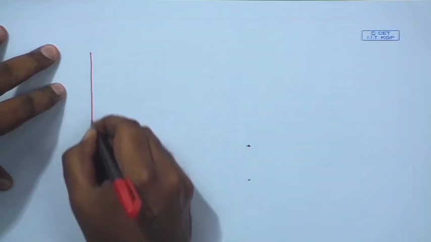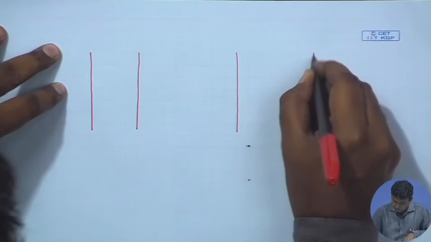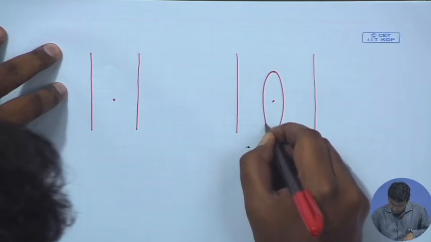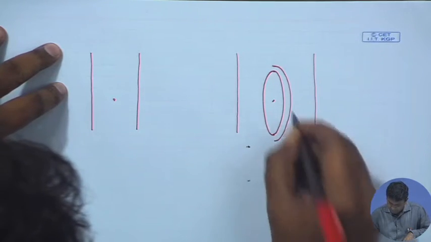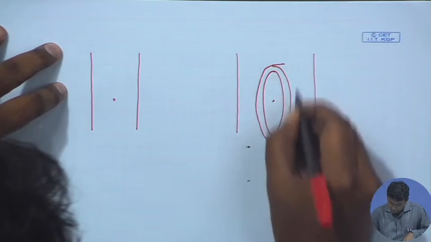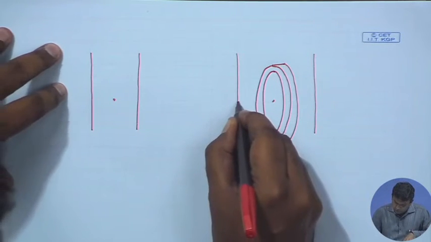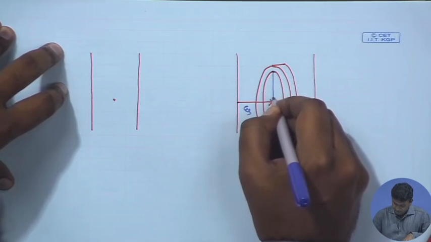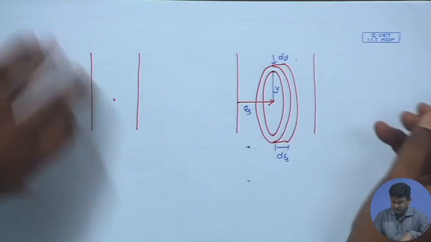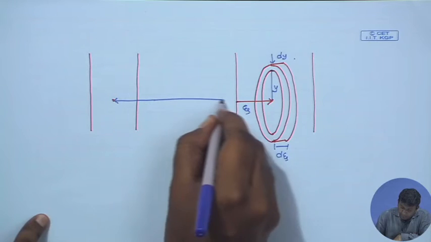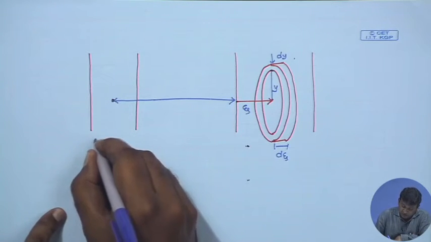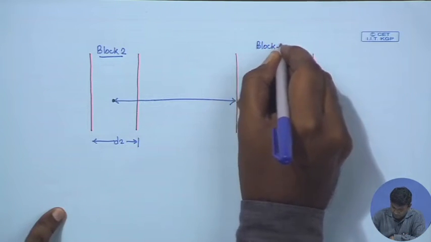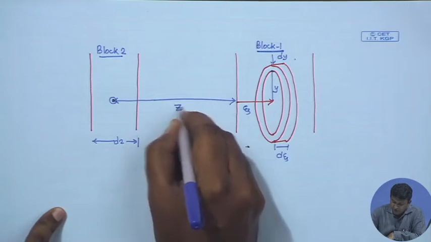So, you have a ring, the center of which is at a distance zeta, the width is d zeta, this point is y, the thickness is dy, and the molecule we have identified in block 2 is at a distance z from the surface of block 1.